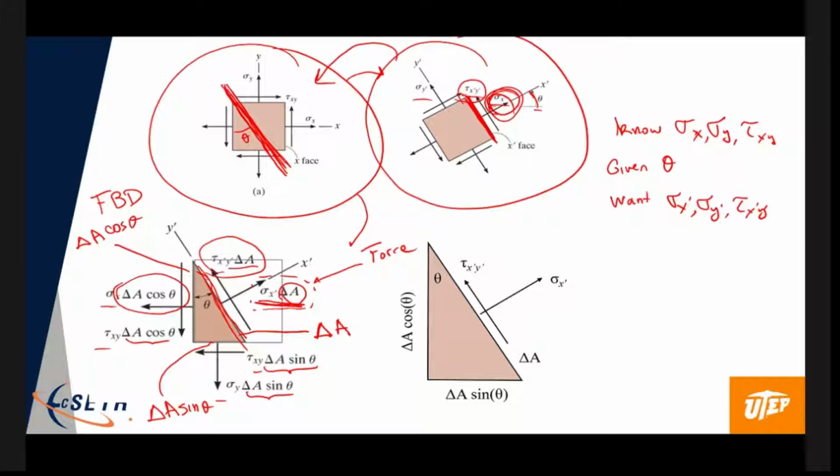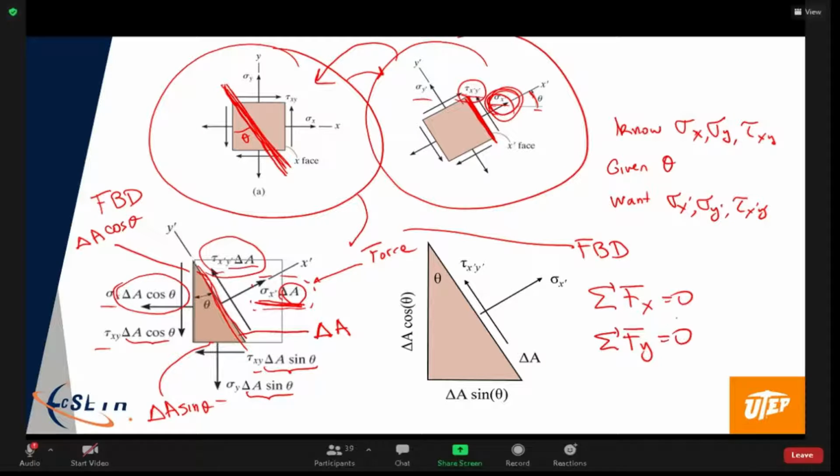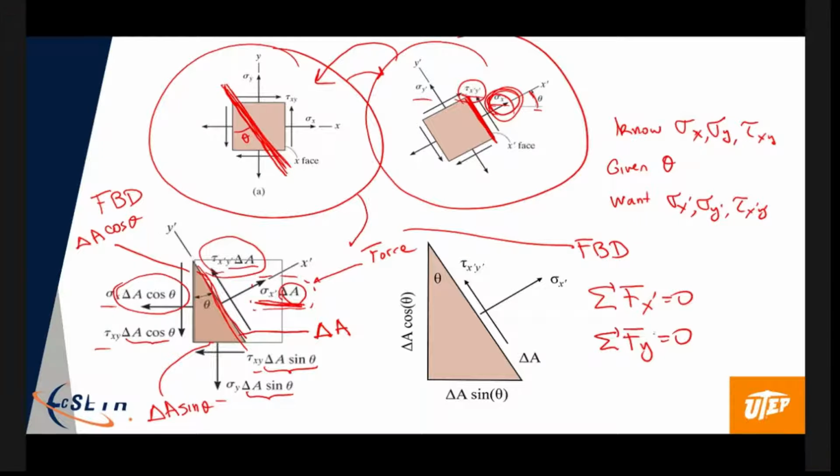So all those are forces. This is a free body diagram where you can then do sum of forces in the x direction equals 0 and sum of forces in the y direction equals 0, or sometimes it's easier to do them in terms of the x prime and y prime directions. It really doesn't matter.